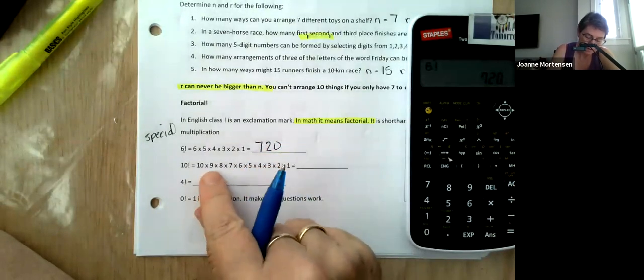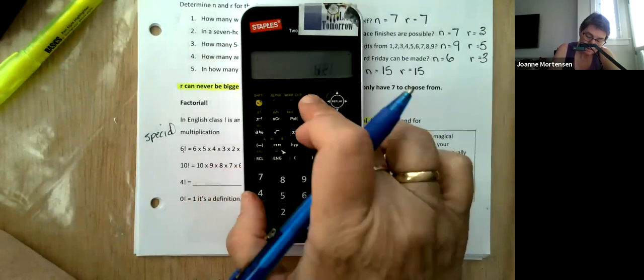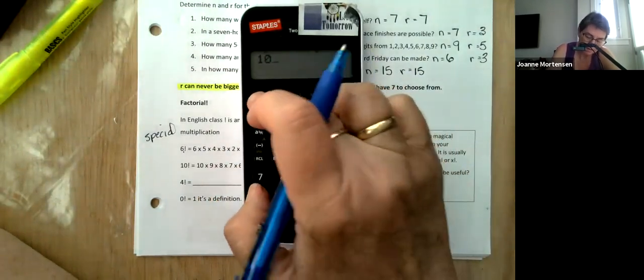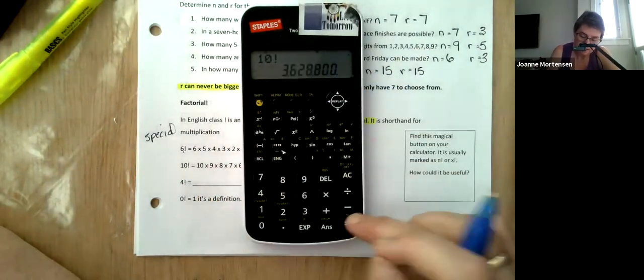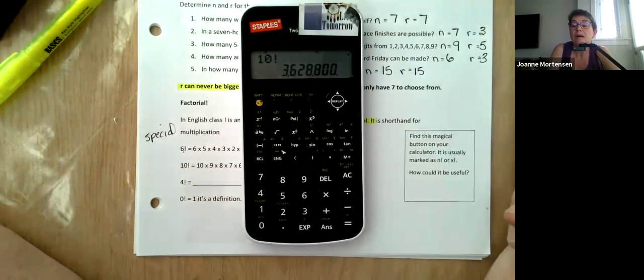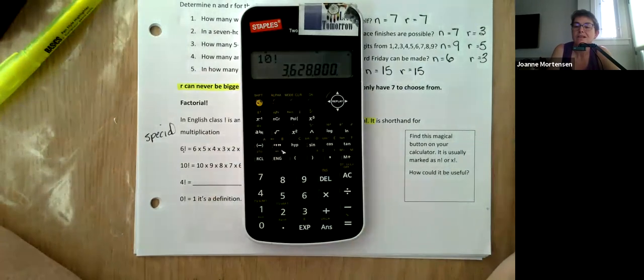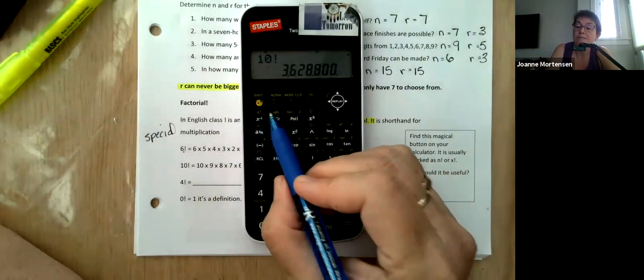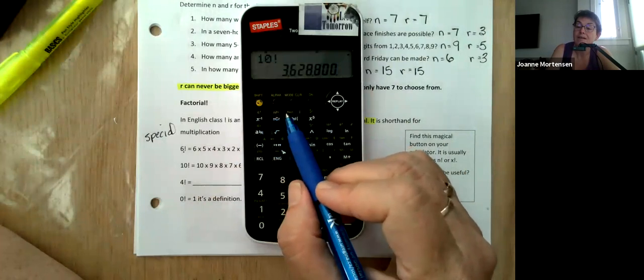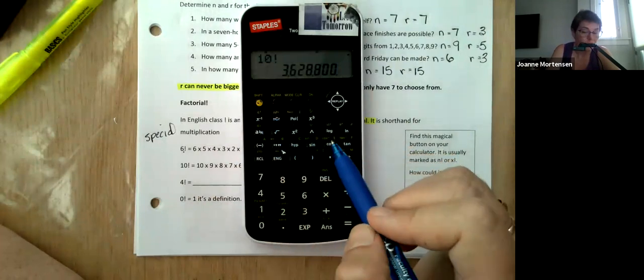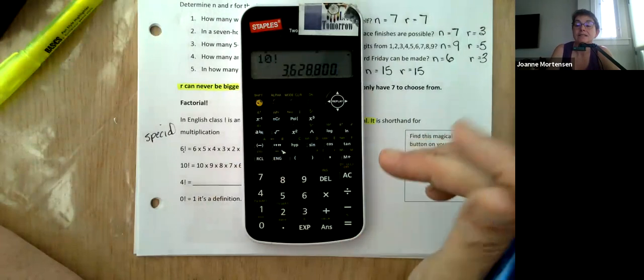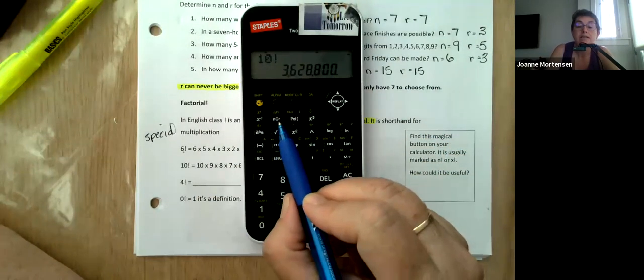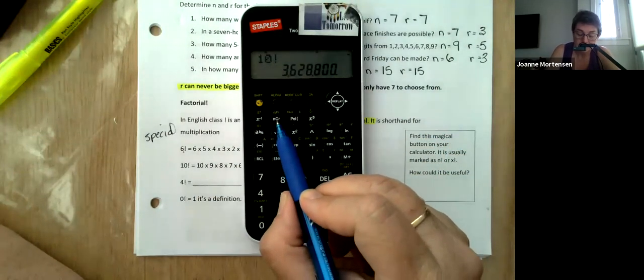All right, so 10 factorial. Even if you have the cheapy scientific calculators from the dollar store, they all have that factorial button on them. You want to get at least that for a calculator. What you really want, see down here, is one that has an nCr and an nPr.